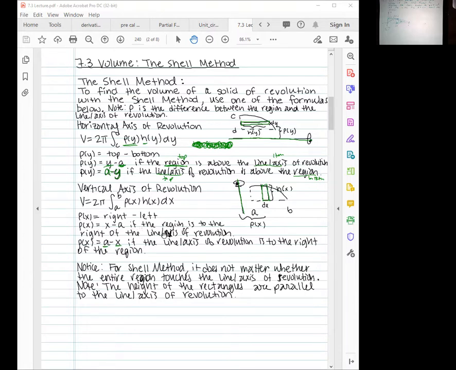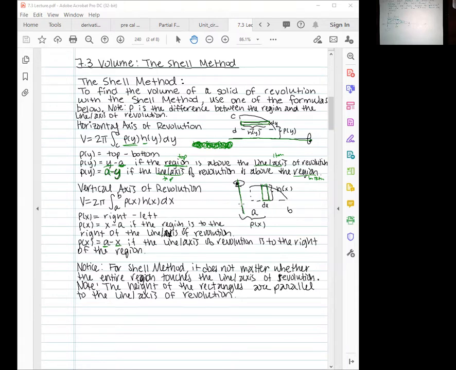So the region is to the right, and on our picture we can see the rotation axis on the left side, so it's simply going to be x minus a. Now, what is a? A should be the rotational axis. In our case, it's going to be 0 because we're rotating on the y-axis. Does that make sense?